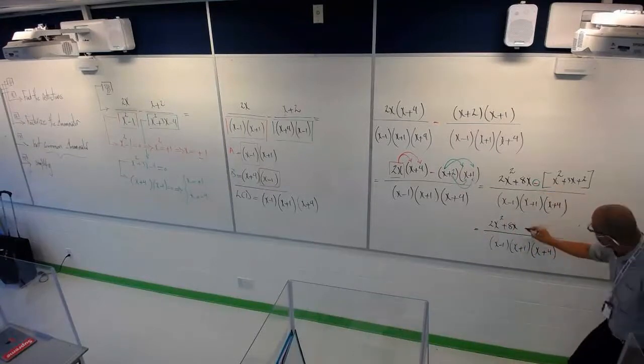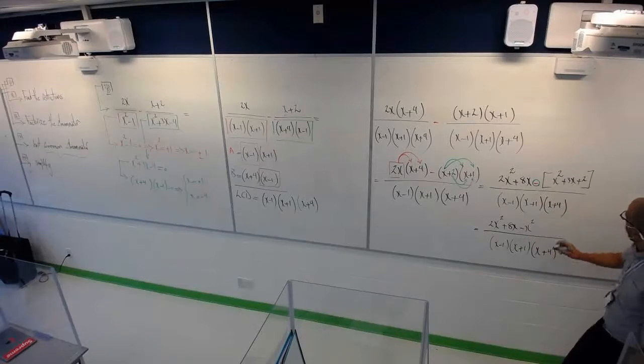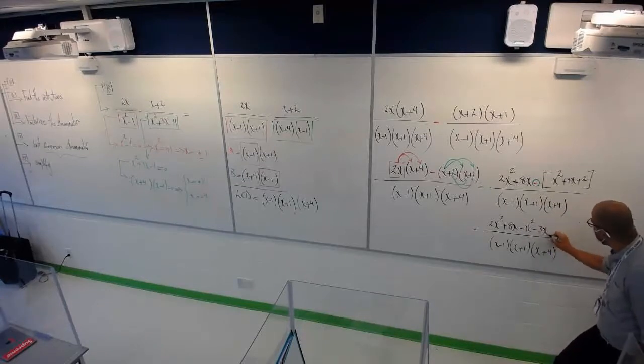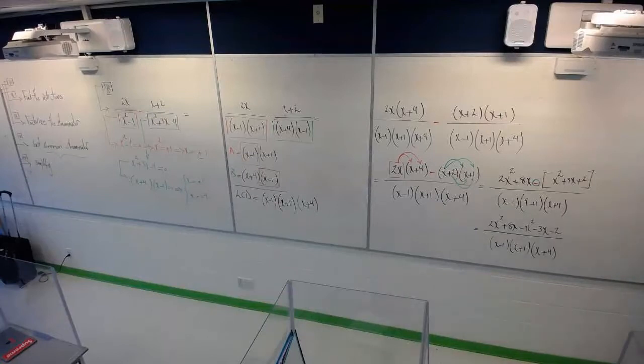You have minus x squared, minus 3x, that's right, minus 3x, minus 2. That's fantastic. And now, we are 3 seconds before finishing it. 1, 2, 3. The common denominator, I write the way it is.